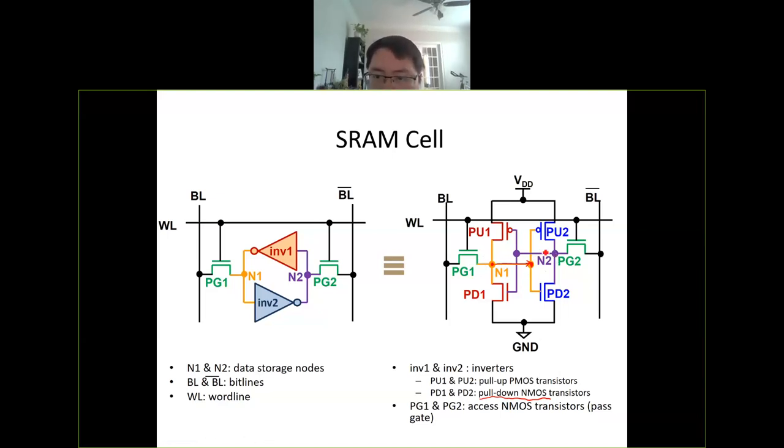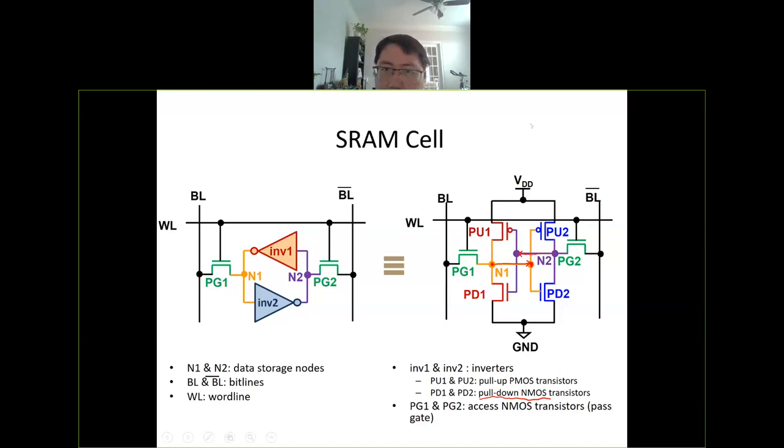Similarly, N2 goes to the input of inverter 1. Then we have 2 additional transistors, the access transistors in green. We call them pass gates because they pass the signal from the storage node N1 to the bitline, which is to the outside of the memory array. So we have PG1 and PG2.